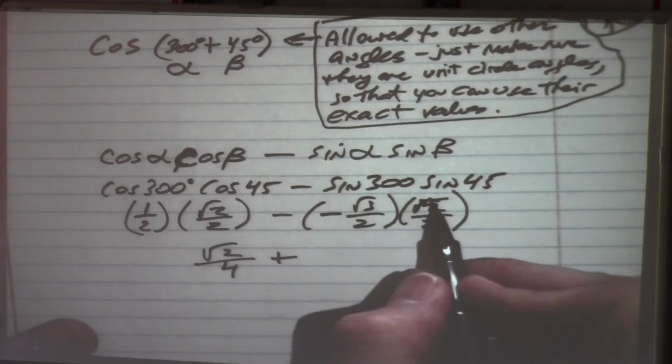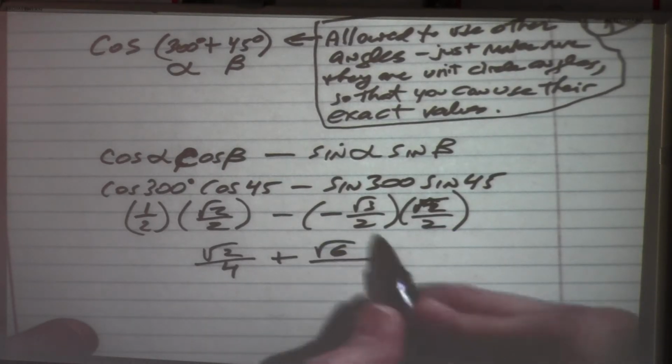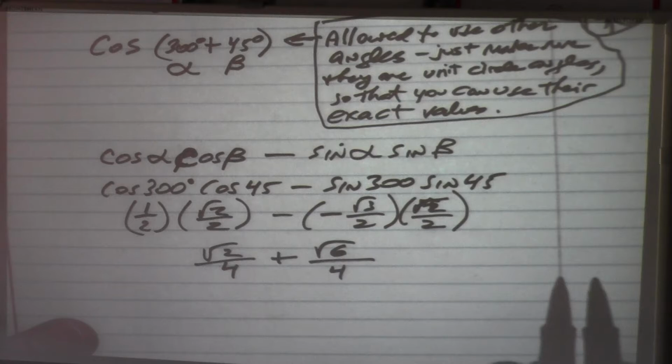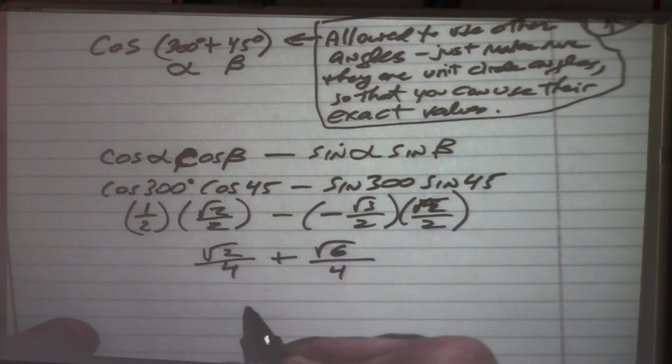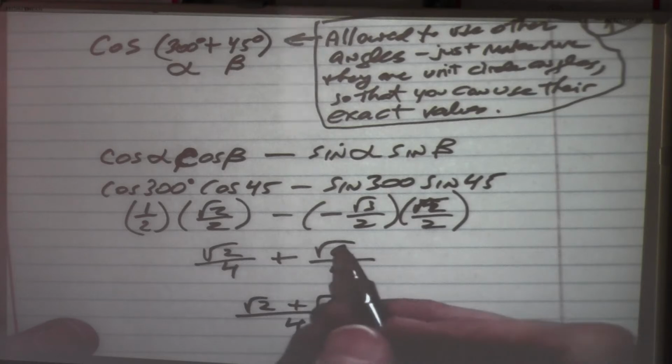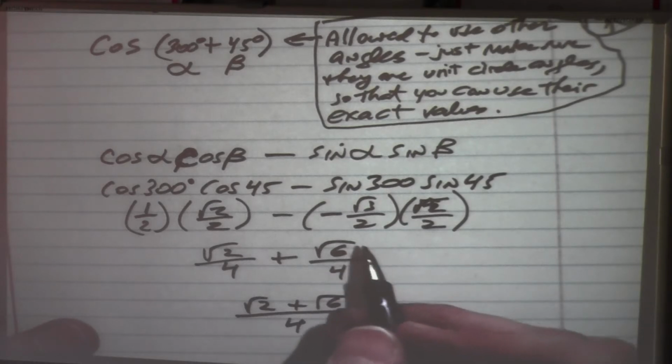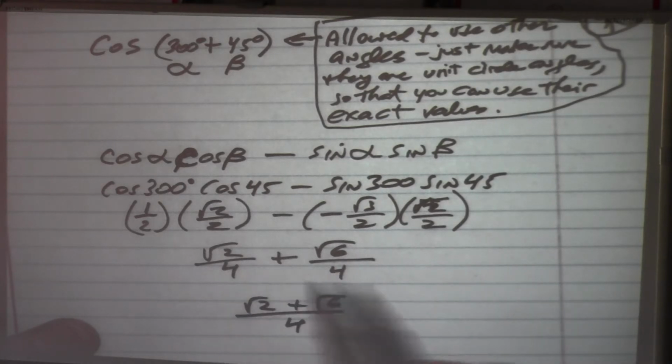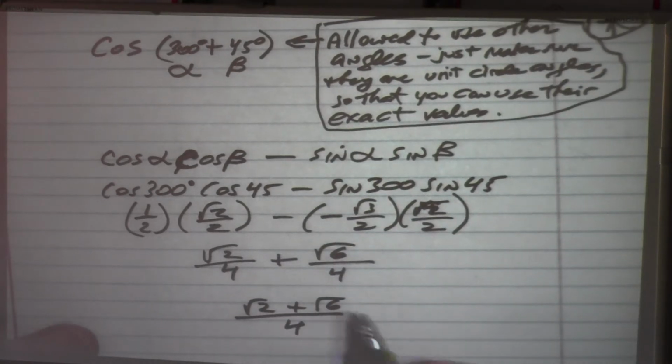So we get square root of 3 times square root of 2, that's square root of 6, and 2 times 2 is 4. And we have the same denominator, so we can do square root of 2 plus square root of 6 over 4. We can't multiply those because it's adding. And we can't add them because that's actually 1 point something, and that's actually 2 point something. So we'd have to change them to decimals, and then it would not be an exact answer anymore.